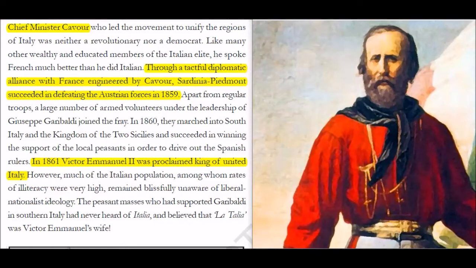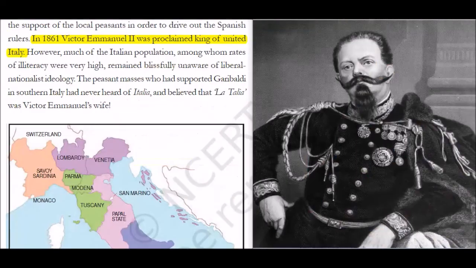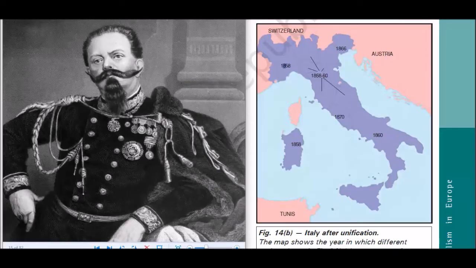In this process, they were also helped by Giuseppe Garibaldi, and finally in 1861 Victor Emmanuel II was proclaimed King of United Italy. Here you can see the map of Italy after unification.